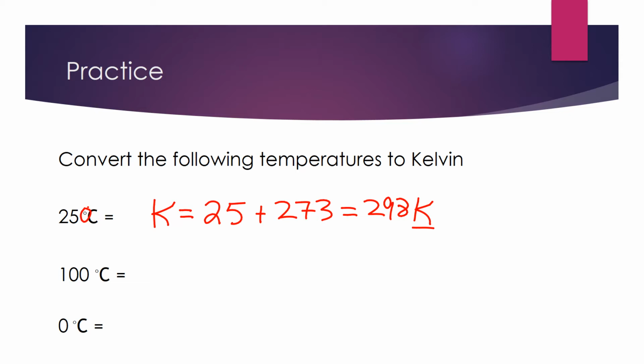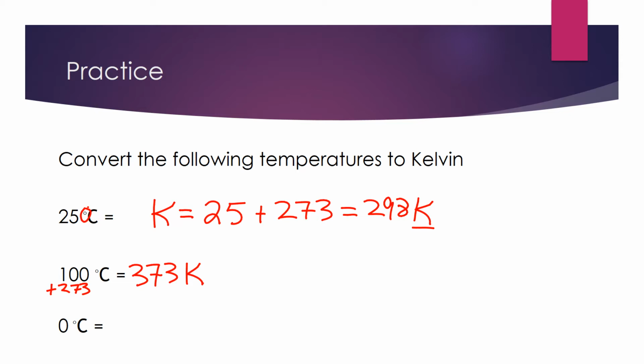So 100 degrees Celsius. Well, same thing. If we want the Kelvin, we have to take that 100 and add 273 to it. So 100 degrees Celsius is 373 Kelvin.